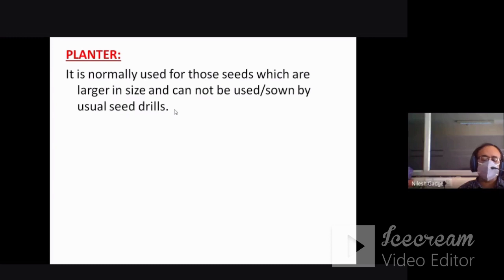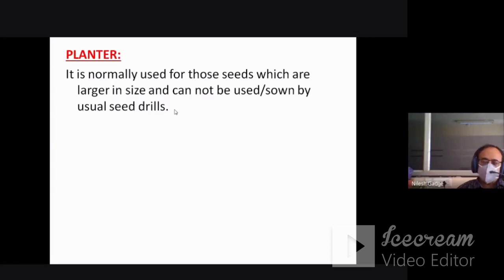Then the second difference is that in seed drill, only row to row distance is maintained, and in planter, row to row and plant to plant distance, the distance between two seeds, is maintained.